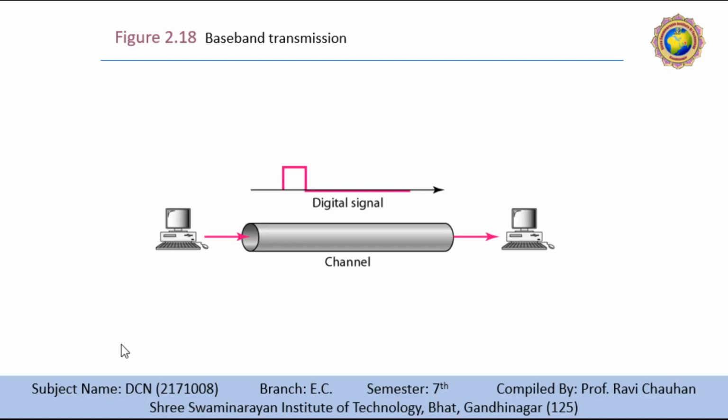Baseband transmission means sending a digital signal over the channel without changing the digital signal to an analog signal. It means a particular digital signal is sent in its original form. So there is no change of the form of the signal in the transmission medium. So we can say that it is a baseband signal.